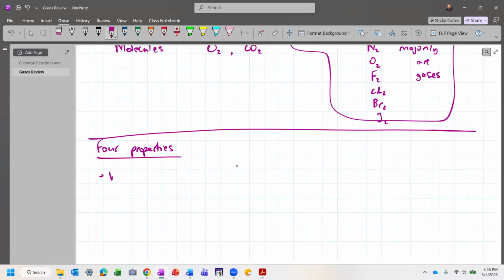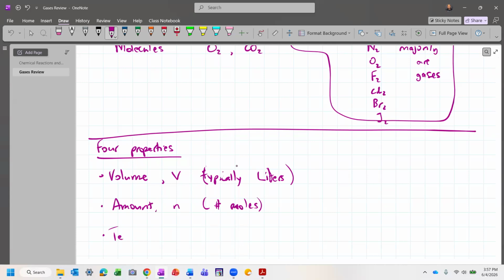For example, we have the volume that a gas occupies. Volume is abbreviated V. Because the volumes of gases are usually large, typically liters is the unit that we use, but really it could be any unit of volume. We have the amount of a gas, which is abbreviated n, and this is usually in number of moles.